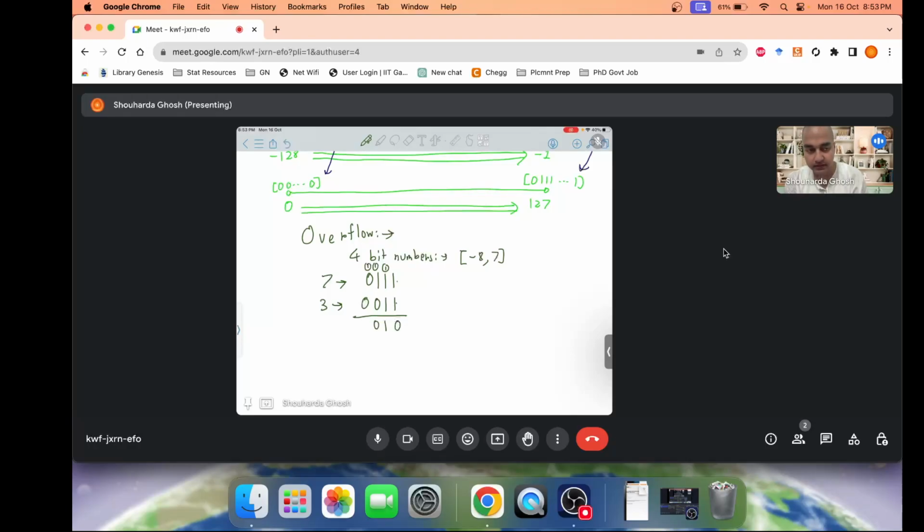Here if you look at this, you get a 1. So what do you observe? What is the result? This corresponds to -8, this corresponds to 4, this corresponds to 2, this corresponds to 1. So what do I get? -8 plus 2, that is -6. What am I supposed to get? 7 plus 3, that is 10.